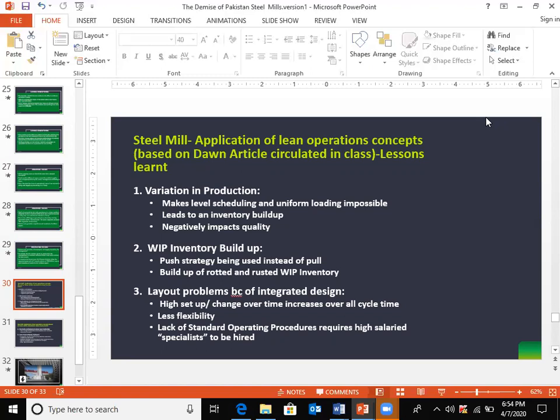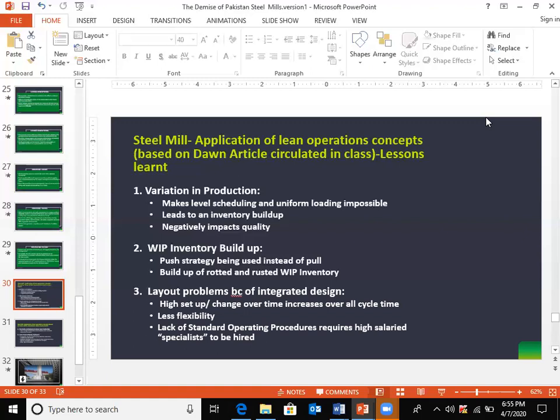There was also very little flexibility in the design of the steel mill, and above all, there was no mention of any standard operating procedures. Had there been standard operating procedures, the whole change, where Pakistani engineers could do the maintenance and take over the steel mill, would have been a lot easier.